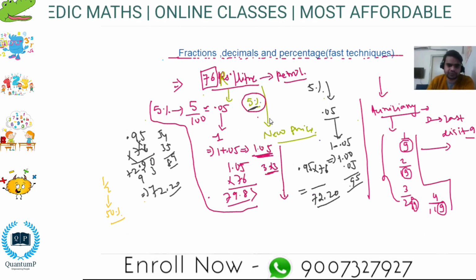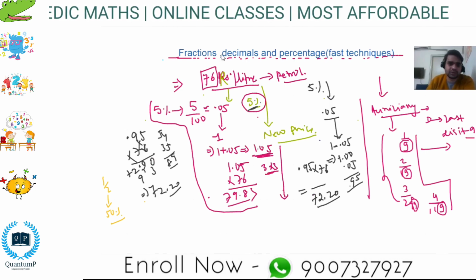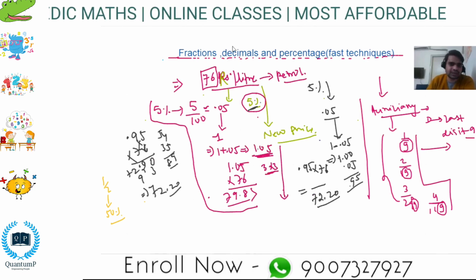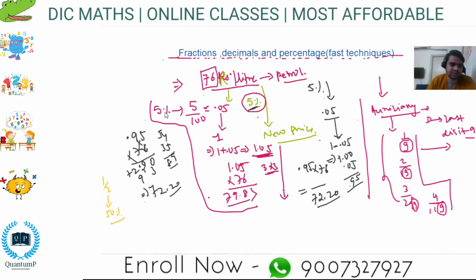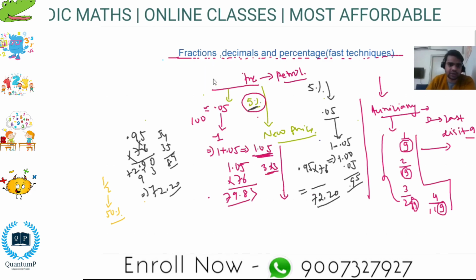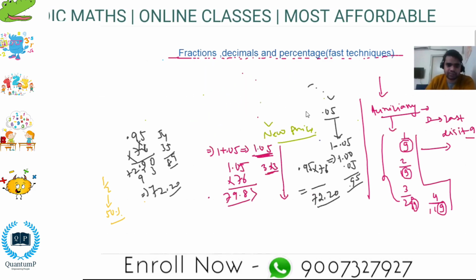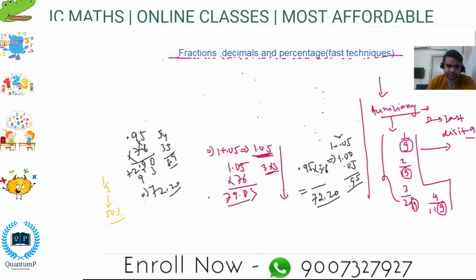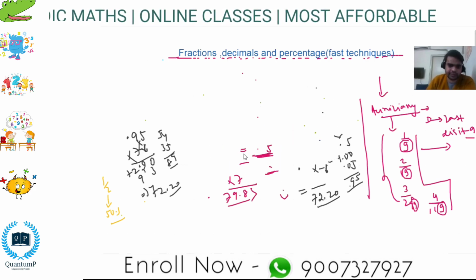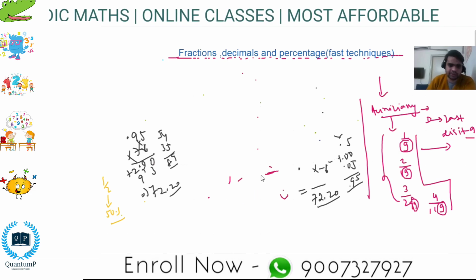Okay, now let's do the last portion of this session. We are going to see how a recurring decimal can be converted into a fraction. I'm going to show you.